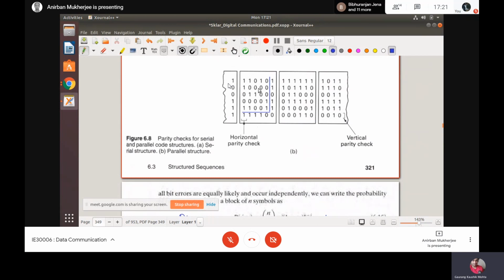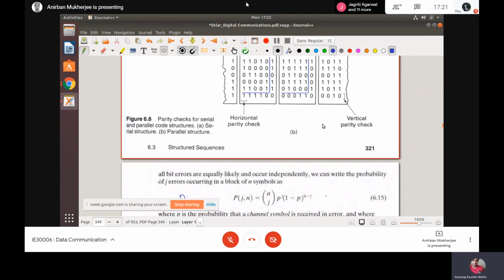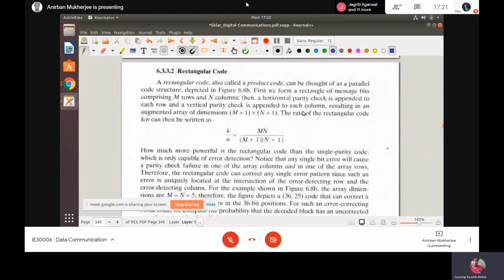So this is the rectangular code, or sometimes we say the product code.